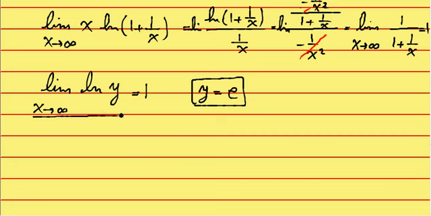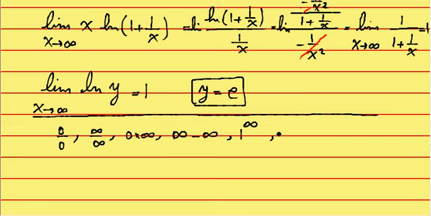Okay, that was a bit complicated, and now we are going to move on to the last of these things that we have. Once again, let's review: 0 over 0, infinity over infinity, 0 times infinity, infinity minus infinity, 1 to the power of infinity, and the last in this list is going to be infinity to the power of 0.